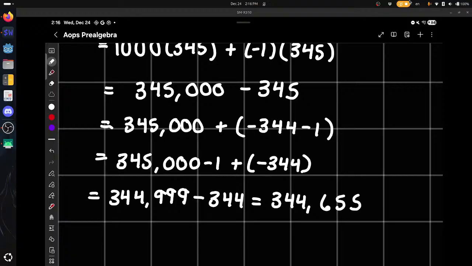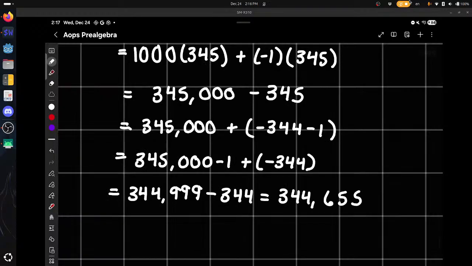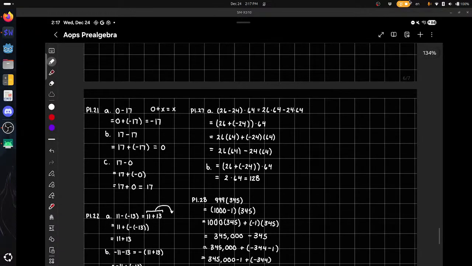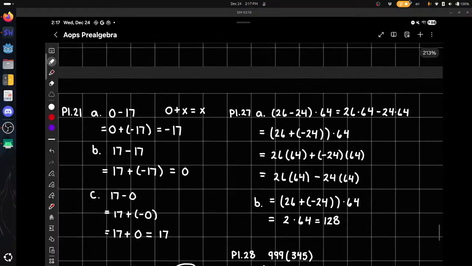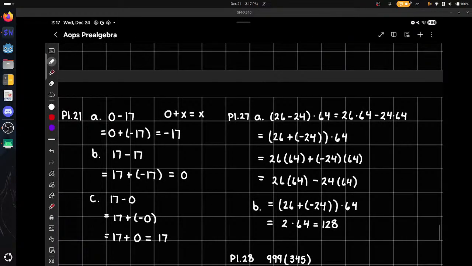So now we can review our answers. So let's go back to problem 1, or 1.21. Okay, subtraction is defined as a negation.